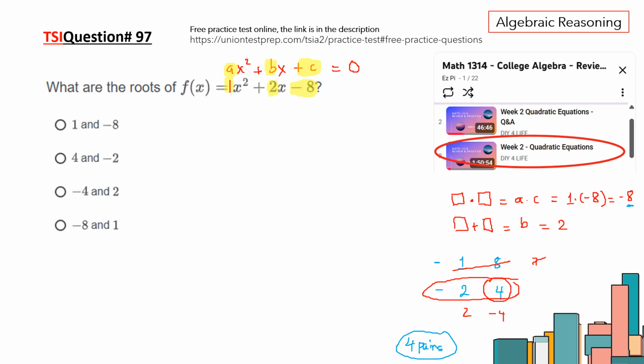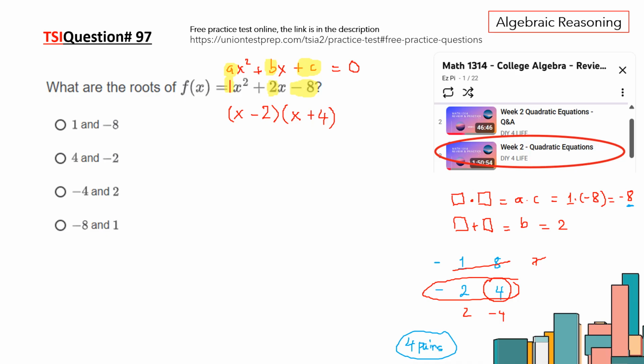So it will look like this: x minus 2 times x plus 4. We copy exactly the same signs and numbers.